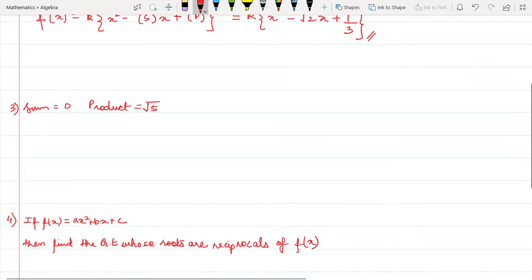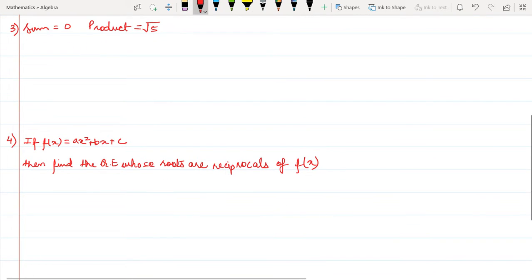Now let us take the next question for practice. I will rewrite the formula again. It might sound very repetitive to you, but I hope this gets set in your head. f of x is equal to k times of x square minus sum of roots into x plus product of roots.